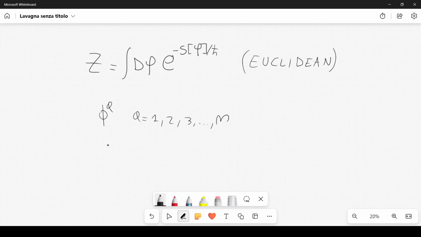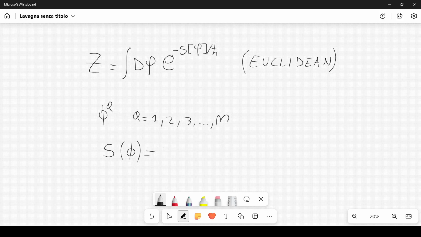And we can choose, in this case, the action to be simply S of phi. So this will be a function of, in this case, I'm going to use these parentheses instead of the square brackets, because at the end of the day, we are going to consider these phi's here just constants. They do not depend on x.